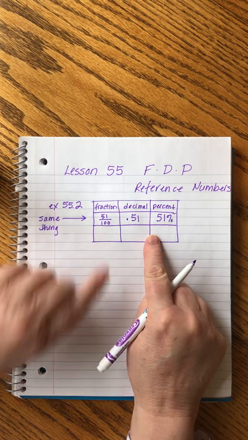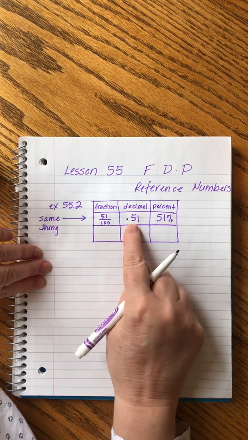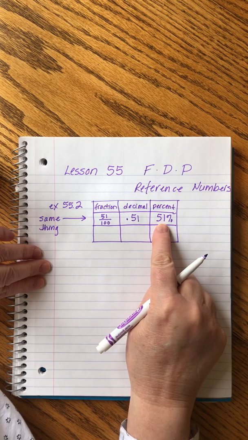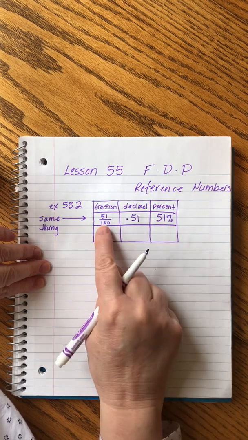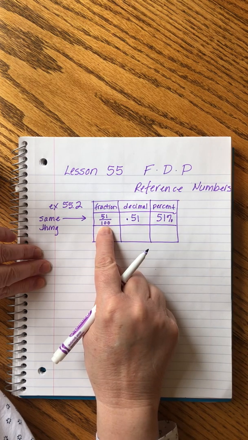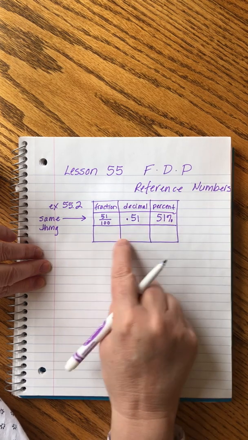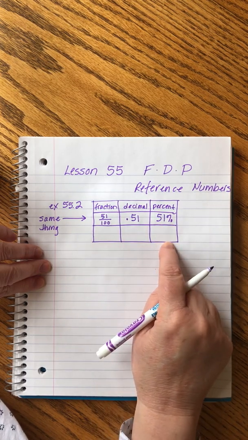Always with the 51s. The reason why is because it's super easy to remember and it doesn't reduce. If we used 50, then things would be reducing here, wouldn't it? We'd reduce down to 1/2. This gives us a model or a reference to fill in the other parts of the table.